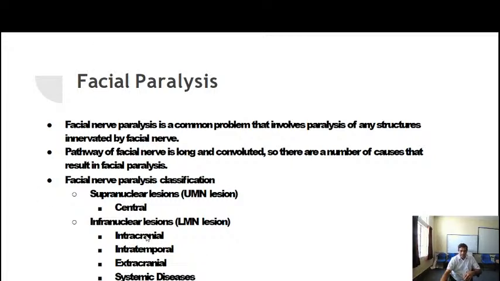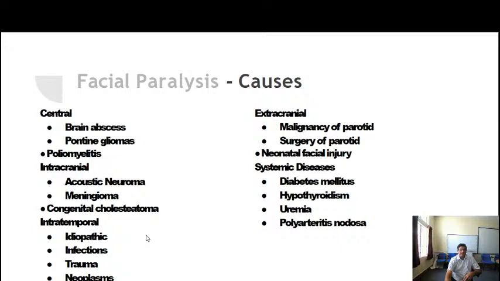Now we'll try to study some of these conditions. Generally, you can study them in the central group: you have the brain abscess, pontine gliomas, poliomyelitis. The intracranial: the acoustic neuromas, meningiomas. Congenital, you have the cholesteatoma.